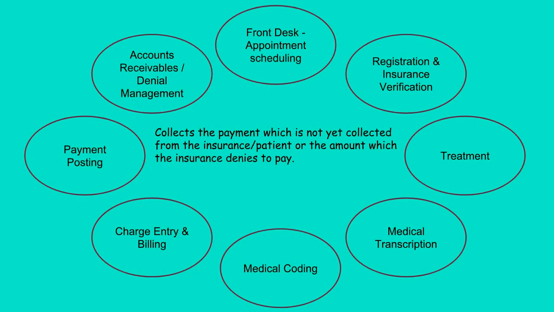And denial management, as the name indicates, covers whatever amount is stuck at the insurance end where they are denying payment, so the person would try all the possible ways of collecting that amount. So that's denial management.